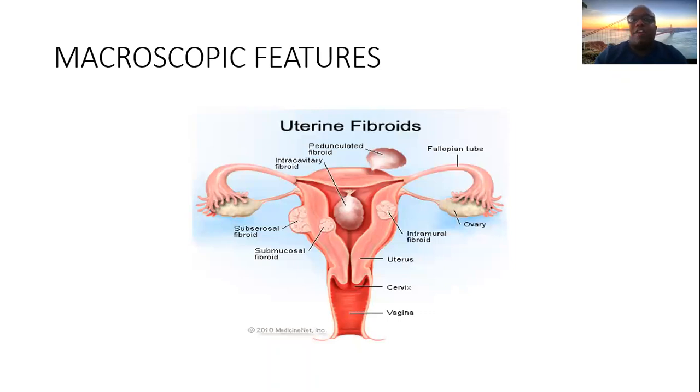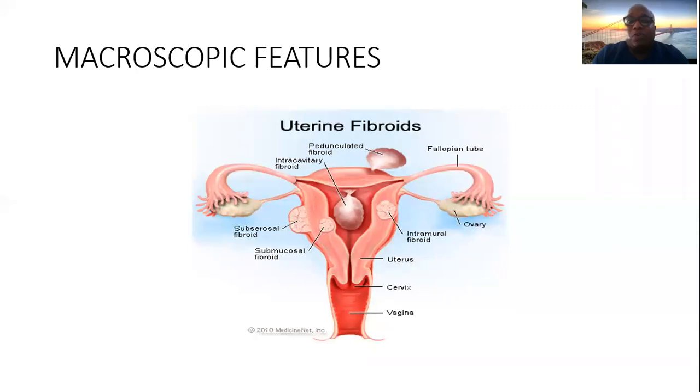So we have a diagram showing how the fibroids can present. We have some that can sit right in the center of the uterus. These are called submucosal fibroids, the one right in the center.